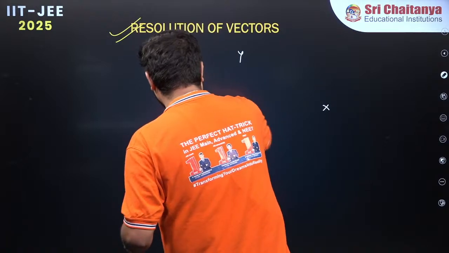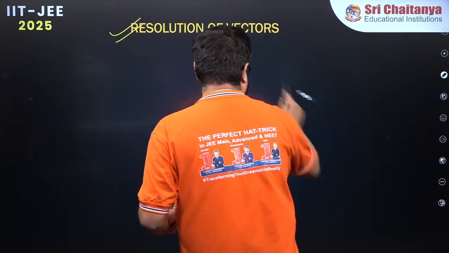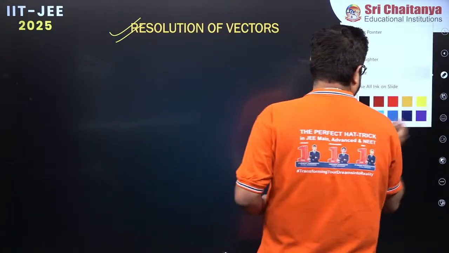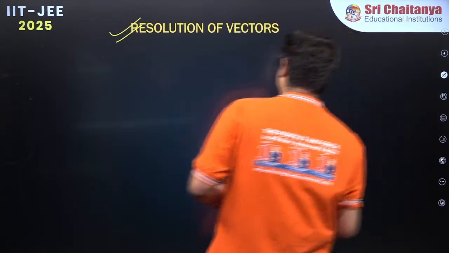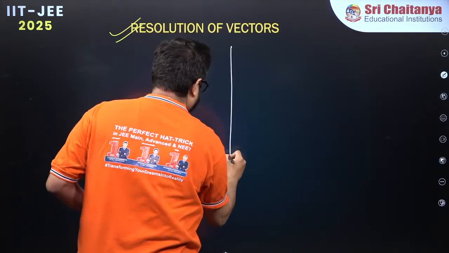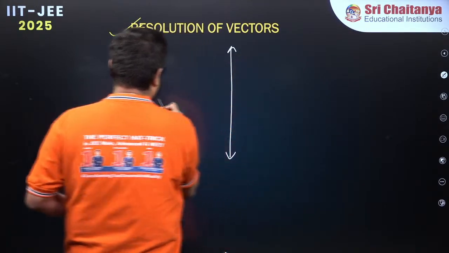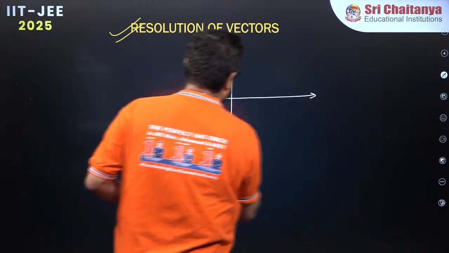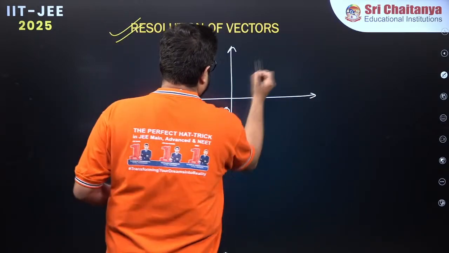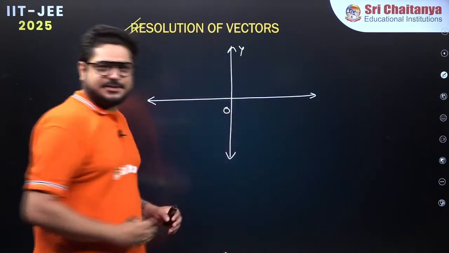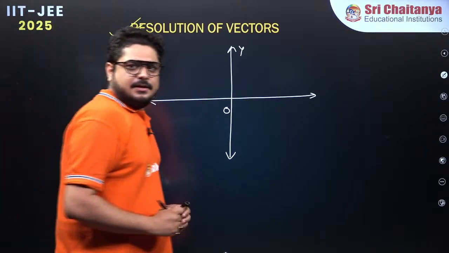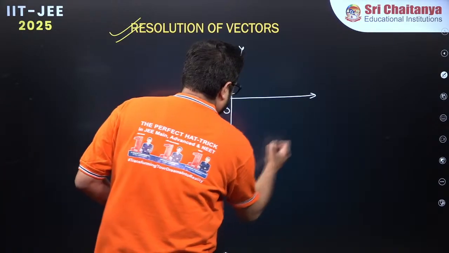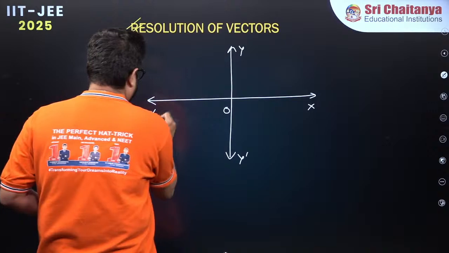Okay, I will try to draw it once again. I think we need to be perfect with our drawings, isn't it? So I would like to draw once again. Okay, this is y dash, isn't it? Yes or no, everyone? Negative y-axis, x dash.